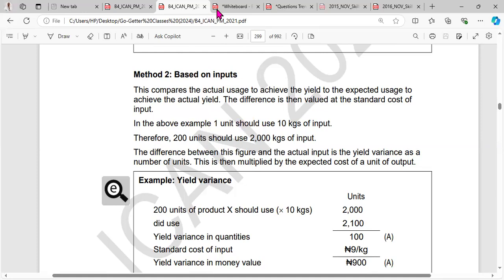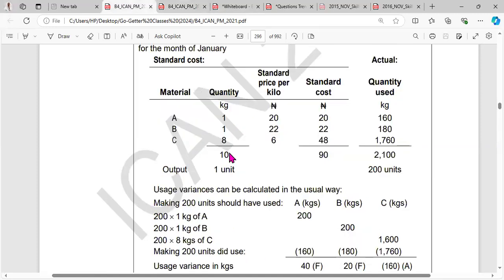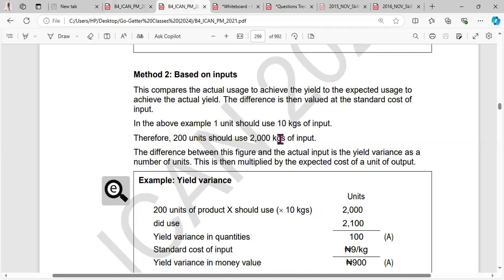So it means that 10 kg of input yields 1 unit. Now, if you are making 200 units, how many inputs do you need? Simply say 10 multiplied by 200 should give you 2,000 kg. 2,000 kg is what you should have used to make 200 units.